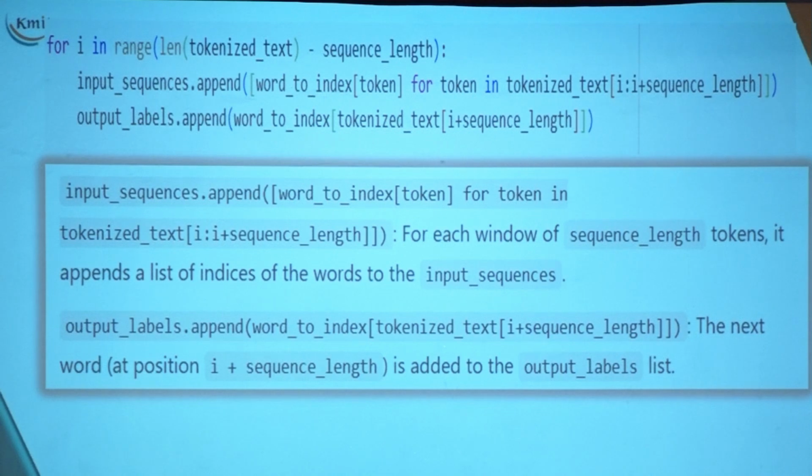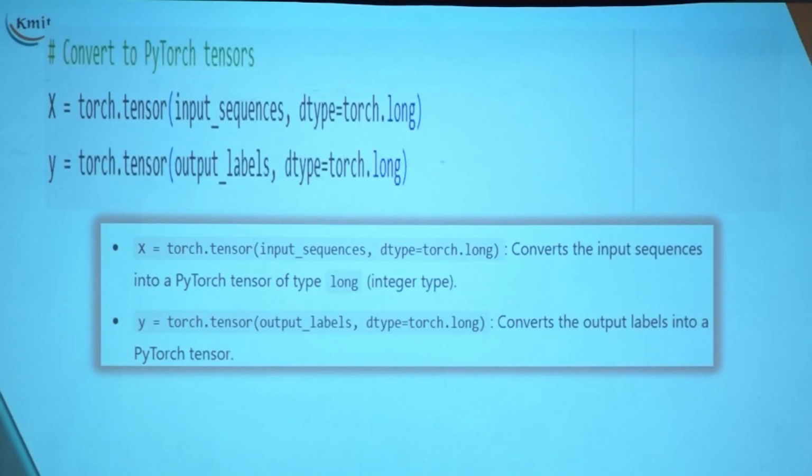Now, once you are done with that, important part, what are you doing? You are supposed to convert your input and output pairs into tensors. I gave a very good explanation the other day regarding why. Why do you have to convert it to tensors? How many of you remember?